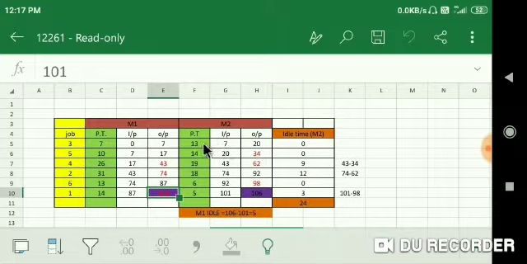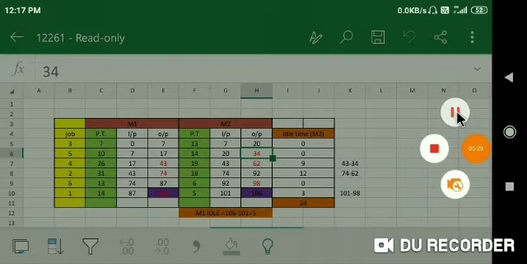The processing time for this is 13. 7 plus 13 is 20. Now the second job will start from 20. 20 plus 14 is 34. Now we have to check one more thing here.